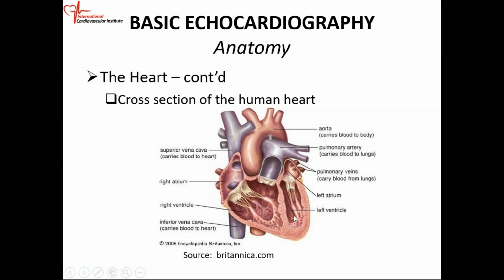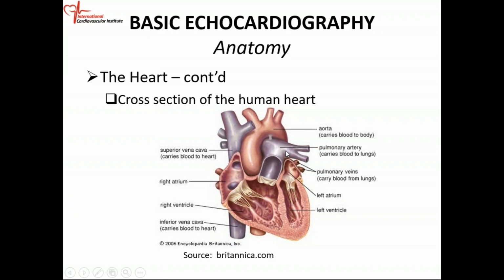The lowermost portion of the heart we call the ventricle, and the upper portion is the atrium. On the right side, you're going to have a right atrium, then a right ventricle. Separating the right atrium from the right ventricle is the tricuspid valve. Tricuspid because it has three cusps, and these three cusps are attached via chordae tendineae to three papillary muscles.